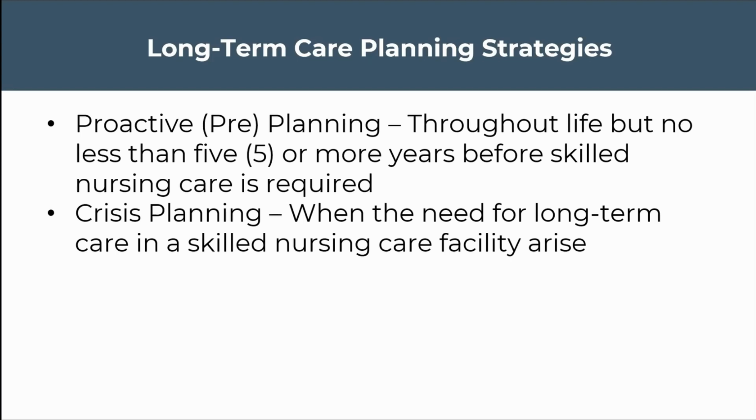Sometimes it's the only option, but a lot of times what I think happens is people put off planning and then this happens. It's not likely like, oh, mom had a stroke and she's going into a nursing home. Usually mom had pretty significant decline years before that. So again, you should be looking for physical and cognitive decline. That's a good indicator that you should be engaged in pre-planning and not wait until it's a crisis.